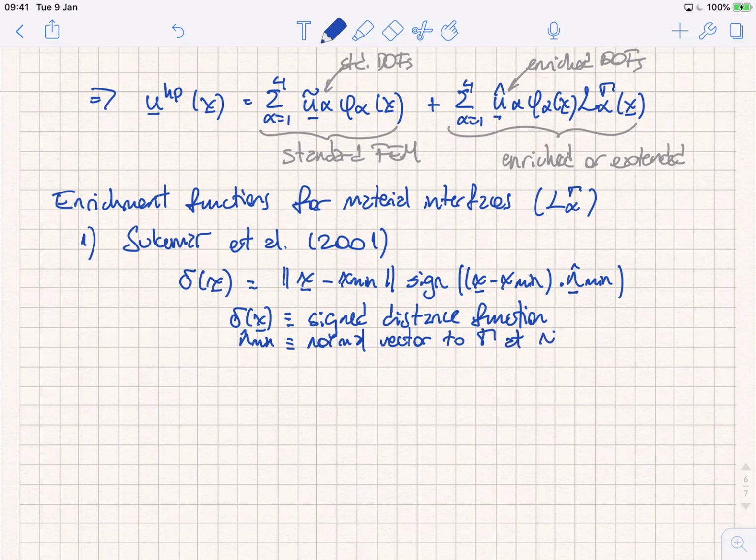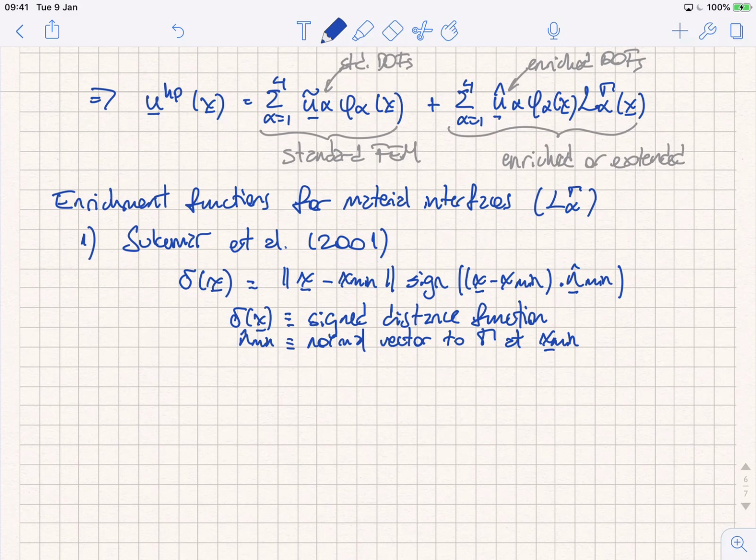located at x min, which is actually the point along the discontinuity that is basically the orthogonal projection from that point x to the discontinuity. So it's a distance. So you're at a point, let's say at your Gauss points where you need to evaluate the enrichment. Well, you would compute the distance to the discontinuity, and of course it's not any distance, it's basically the closest distance.